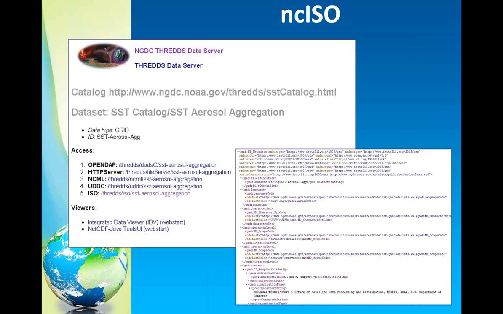NCISO also adds 3 new service types to your existing THREDDS server. The 3 new services included are the NCML. This is a service that adds the geospatial extent information if it's not already been documented. The UDDC.